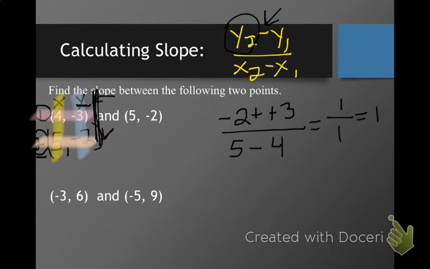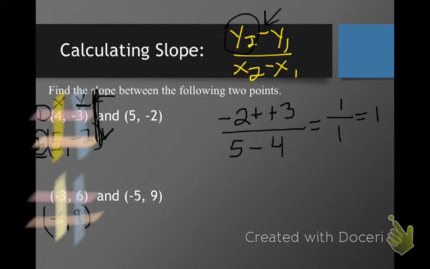All right, let's take a look at the second one here, -5 and 9. Once again, point number 2, point number 1, x number 2, and x and y.